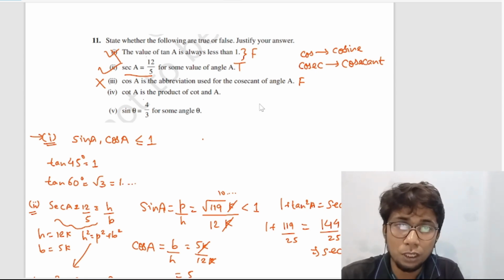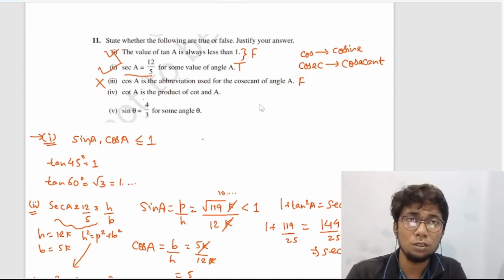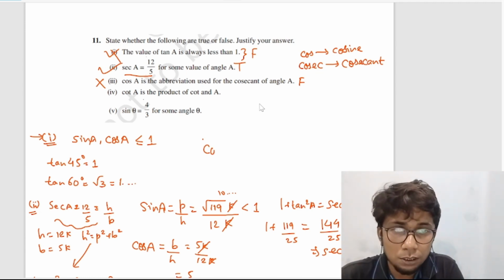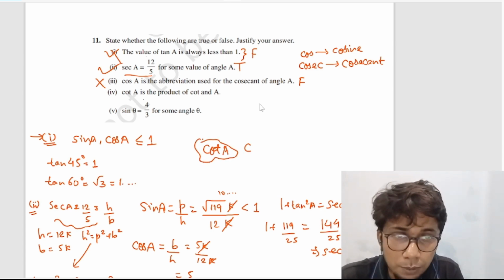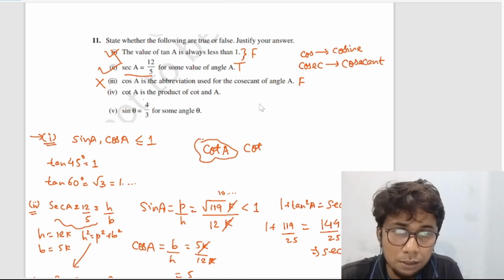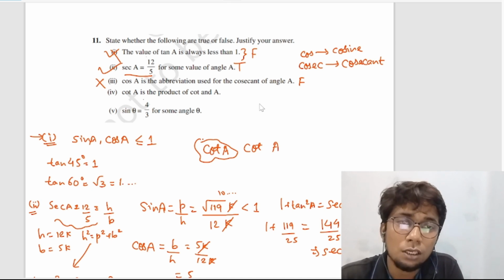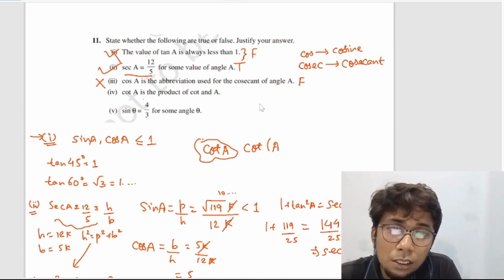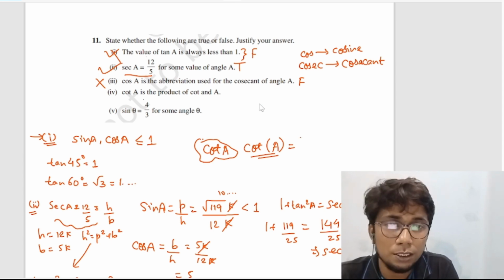Cot A is the product of cot and A. Of course it is not true. See, if we are given cot A, this doesn't mean cot is something different and A is something different. No, this cot is applied over this A, then we get the value, let's say B over P, right?